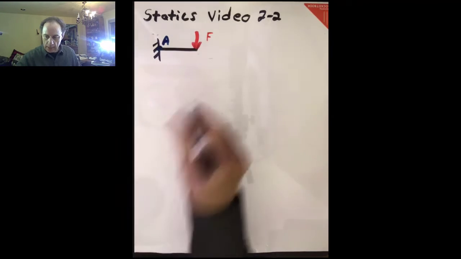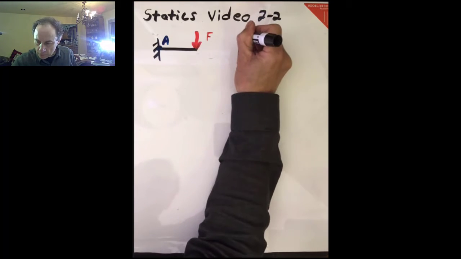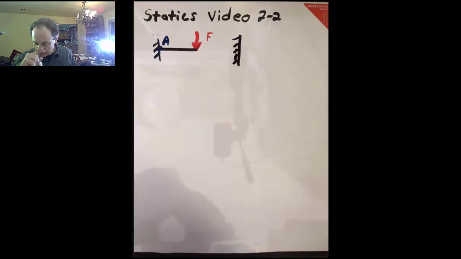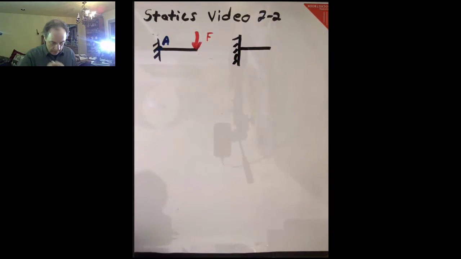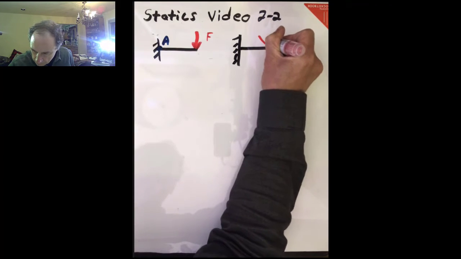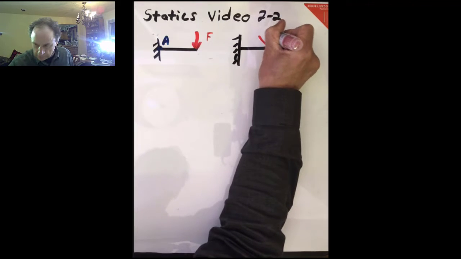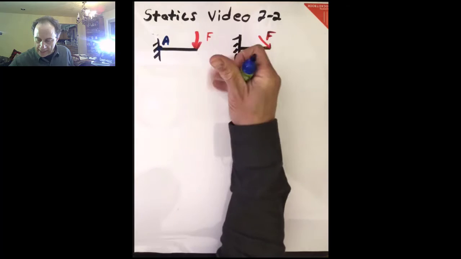We're going to take the same setup, a rigidly attached wall, the same beam, and the same force, only we're going to have it come in at an angle. Same magnitude force. And we have that same point A here.